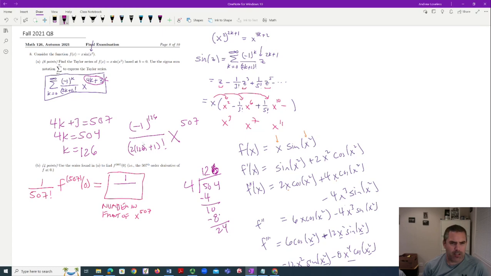And the denominator is 2 times 126, 252, plus 1, 253. That sounds like a good area code for those of you from the Tacoma area. That's the number in front of here.